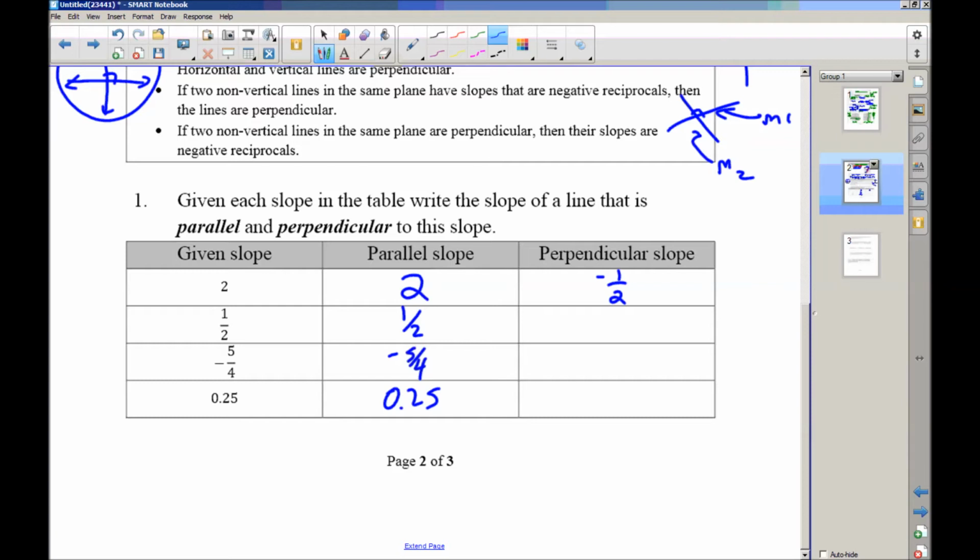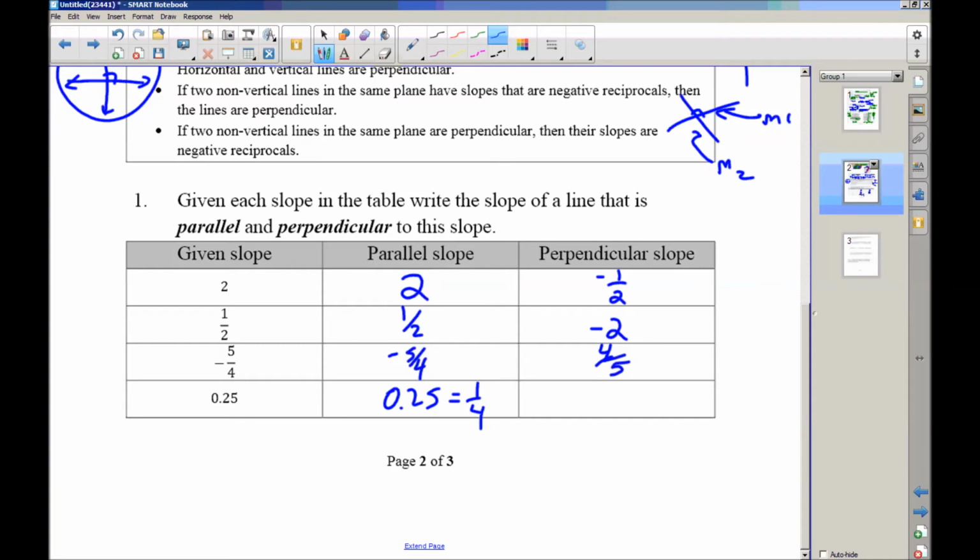And the second one, we have to flip it upside down to get the reciprocal, so that becomes +2, and then we take the negative of that, which makes it -2. And the third one, we flip our fraction upside down, so it becomes -4/5, and then we take the opposite of it, the negative of that, which makes +4/5. And then in our last one, we don't have a fraction, but it's just written as a decimal, so let's change this real fast to a fraction. It's 1/4.